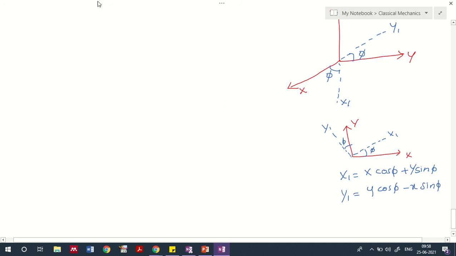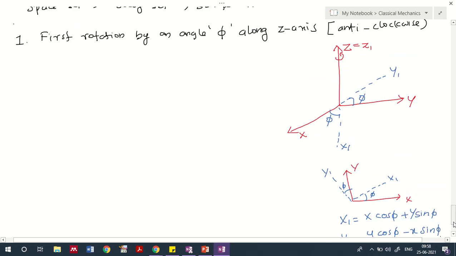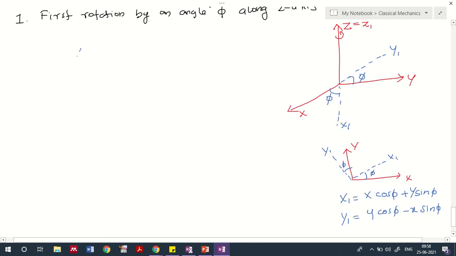Because when you want to create a generalized coordinate, we have already seen that x dash, y dash, z dash will be equal to R into x y z.